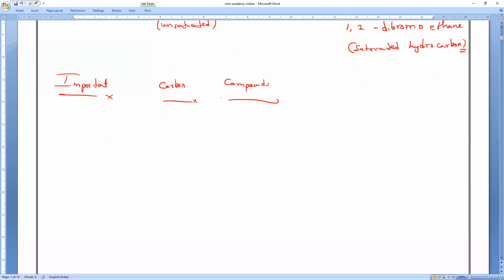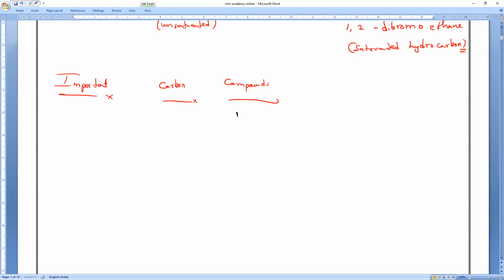You can see the majority of the compounds which we use in our daily life are carbon or organic compounds, including our body, which is made up of carbon only. That's why most of the substances in our surroundings are definitely carbon or organic compounds.